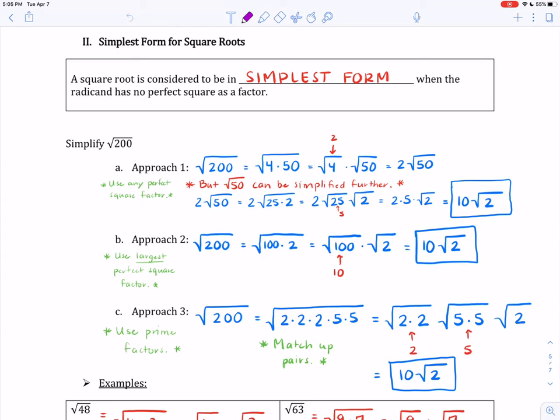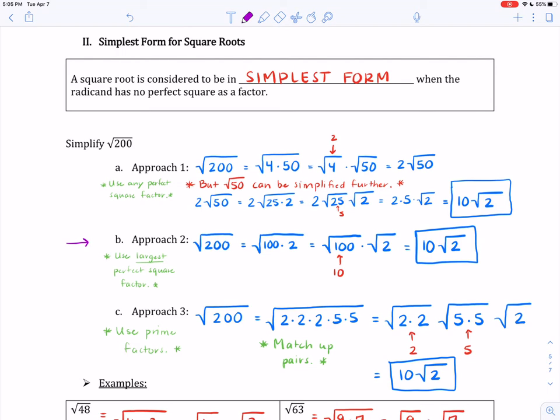But the approach that I would suggest you use is either approach A or approach B. Approach B is going to be the quickest. And what you do with that is you look at what's underneath the radical and you take the largest factor that you would be able to take the square root or the cube root of. And then you use that to break it down and simplify.